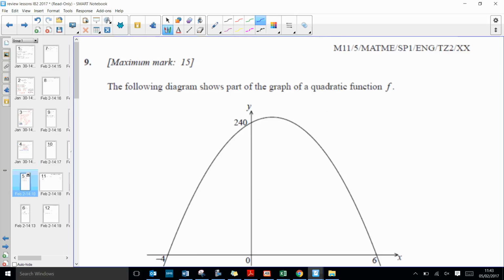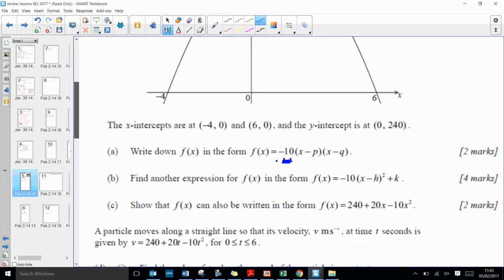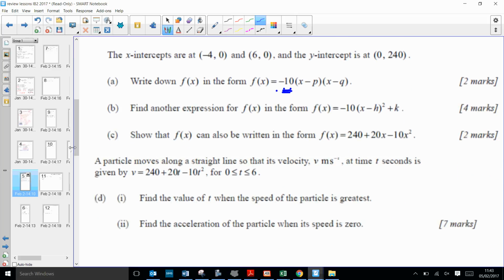Okay, so we've got the quadratic function here. We know the x-intercepts, and they've asked us to write it in this format. They've already told us that the value in front is minus 10. I would suggest in some ways we want to ignore this for now. Let's focus on our x-intercepts.